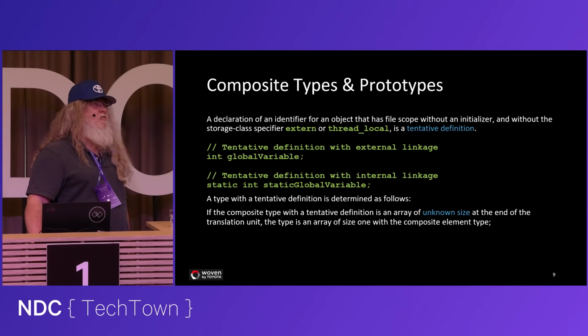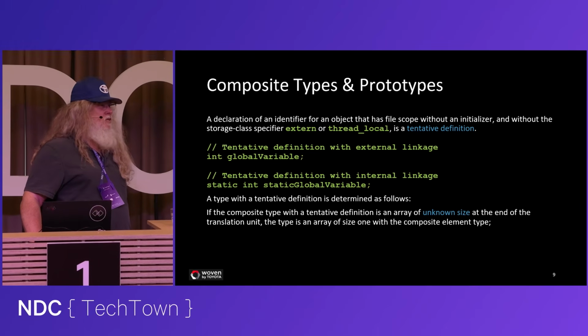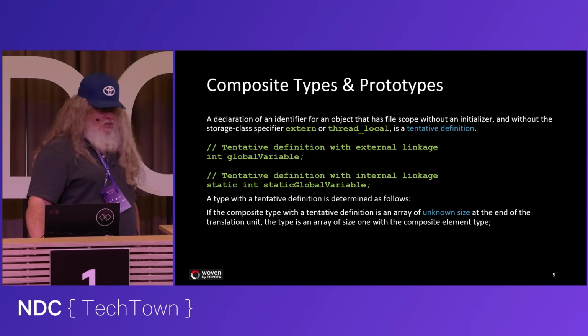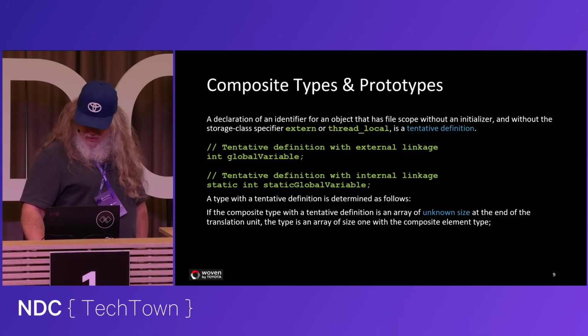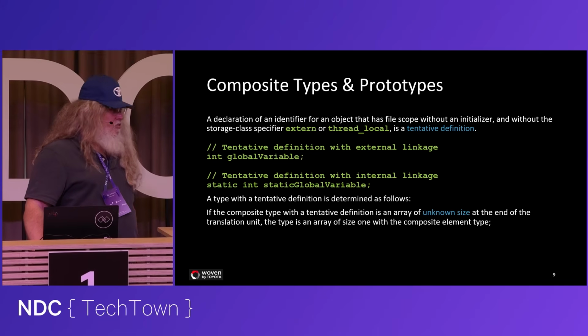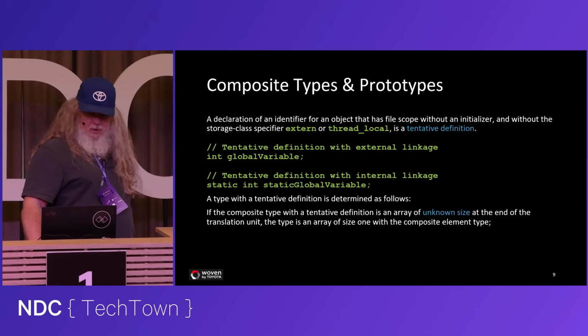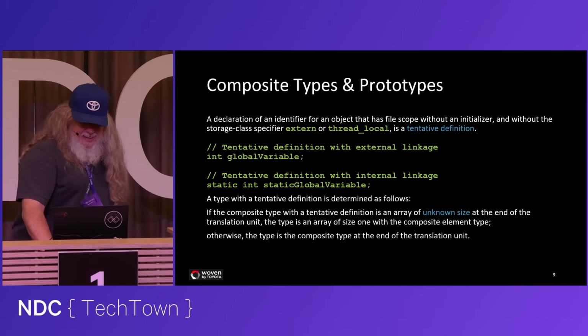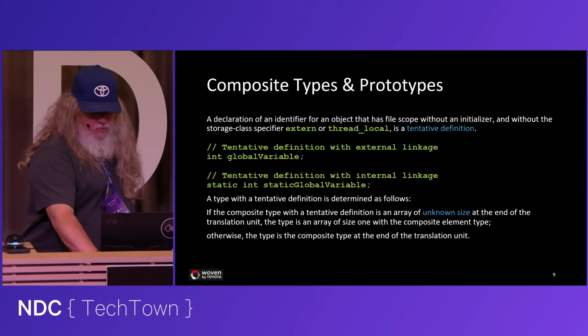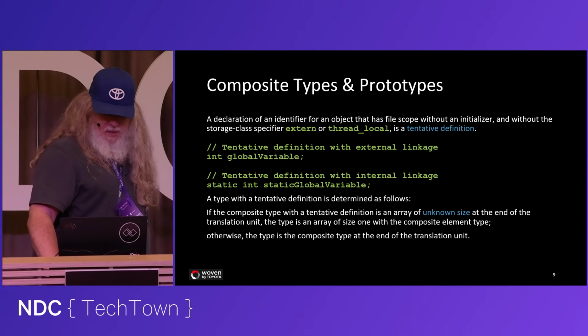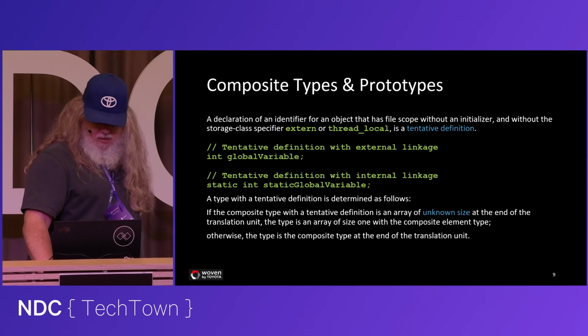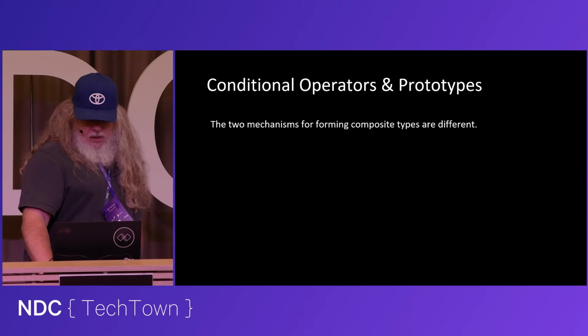We want you to do what you feel you need to do, and we're going to trust that you've done it correctly. And we all know that sometimes that trust has been misplaced. Otherwise, the type is the composite type at the end of the translation unit.